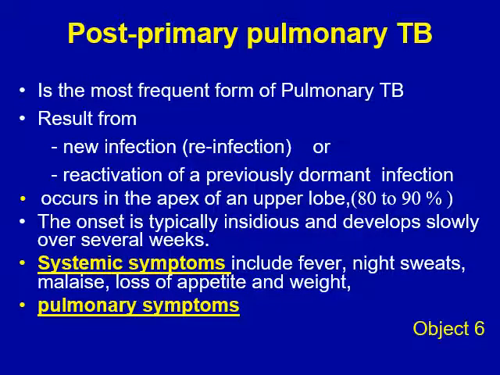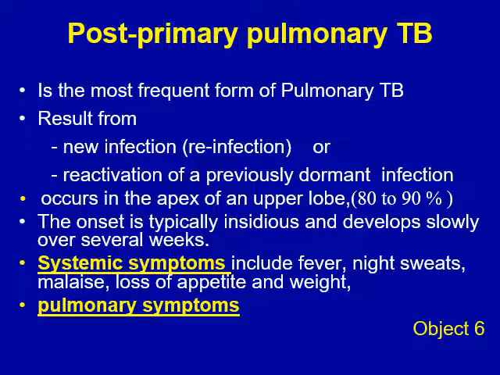We go to post-primary pulmonary TB. The most common and frequent form of TB is post-primary TB. The TB lesion which is seen in most of the medical wards or in the hospital, in the TB center, most of them are post-primary TB.